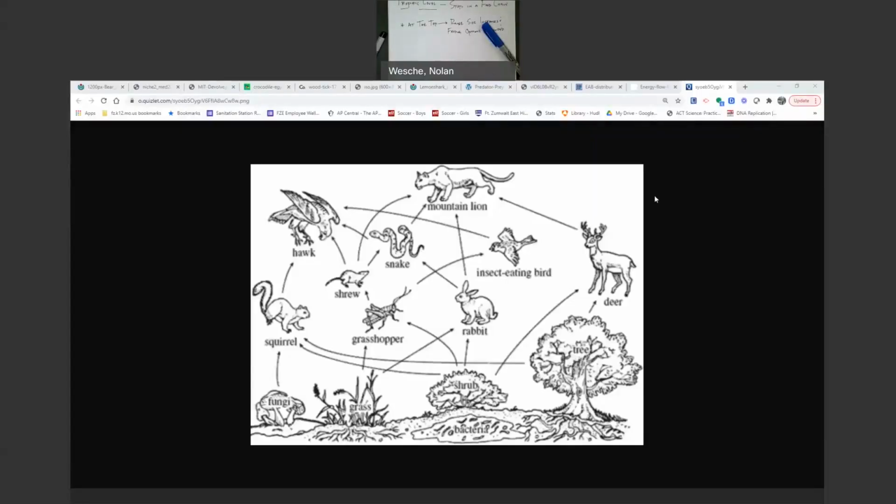So here's our food web, and we can see that, again, per square meter, once we go up these trophic levels, 1, 2, 3, 4, up here at the fourth level with this particular food chain and this food web, the mountain lion, the range has to be really, really large. And they're going to feed on a number of different things to meet their nutritional needs. In fact, the range size of a mountain lion can be anywhere from 5 to 100 square miles, depending on what's in that particular habitat.